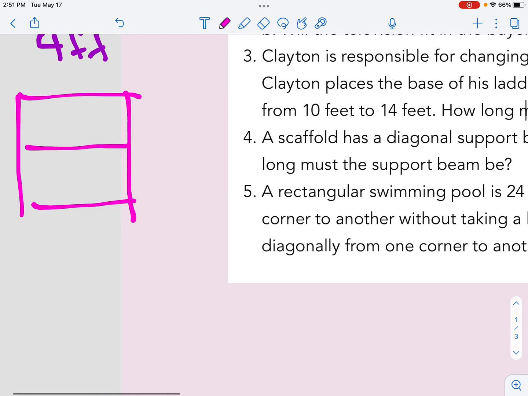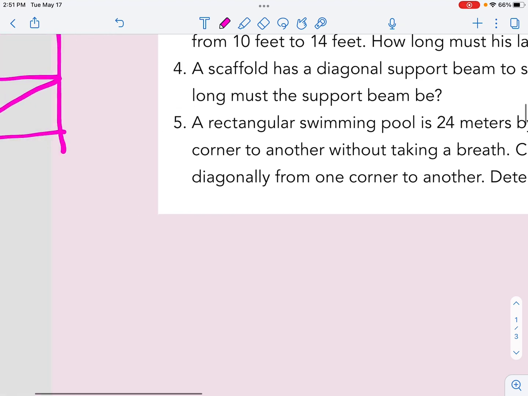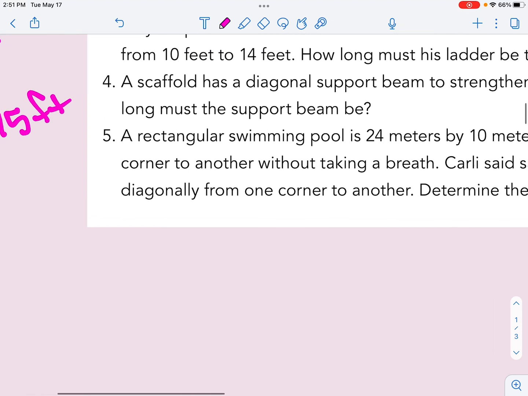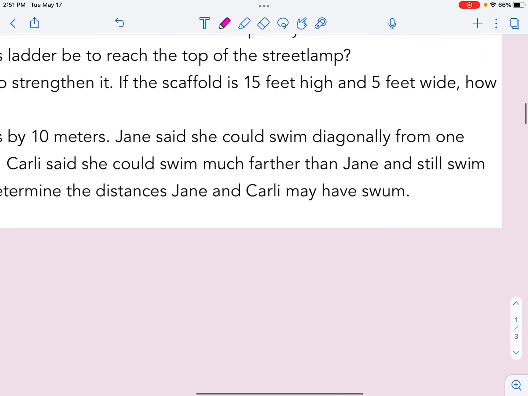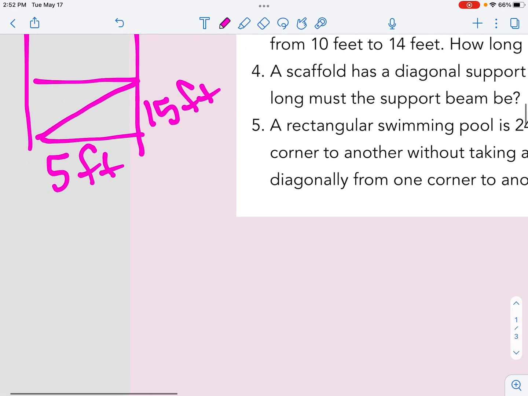So it has a diagonal support beam to strengthen it. If the scaffold is 15 feet high and 5 feet wide, how long must the beam be? So it wants to know how long the beam is.